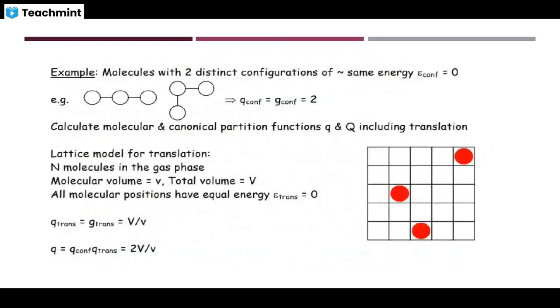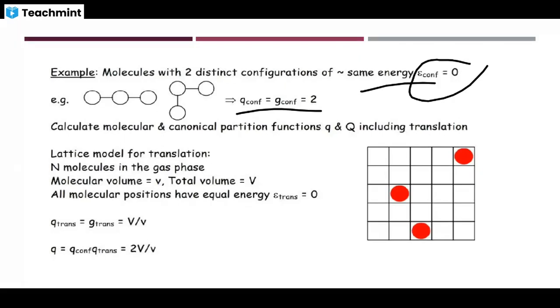For example, a molecule with two distinct configurations has the same energy, epsilon configurational equals 0. If you take the example of a polymer with two configurations, they have the same energy because there is no interaction. So calculate the molecular and canonical partition functions q and Q, including translational, using the lattice model for translation.